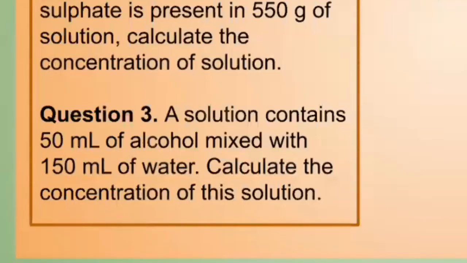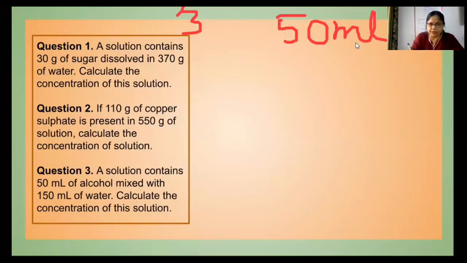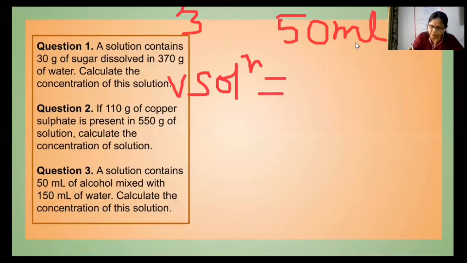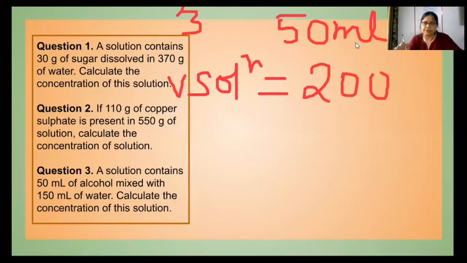The third question is related to volume. The solution contains 50 milliliter of alcohol. So volume of solute equals 50 milliliter, and the volume of the solution is 150 plus 50, that means 200.